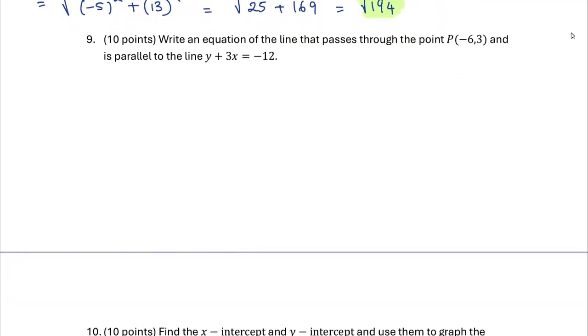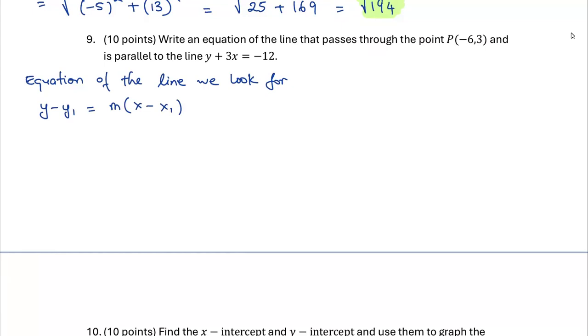Number 9, you are going to write the equation of the line that passes through the point P and is parallel to the other line. So let's do it like this. I will call the line that I'm looking for y minus y1 equals m times x minus x1.